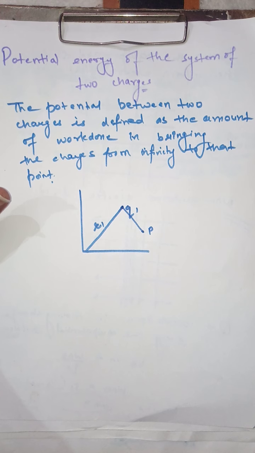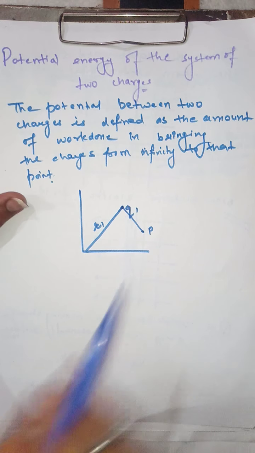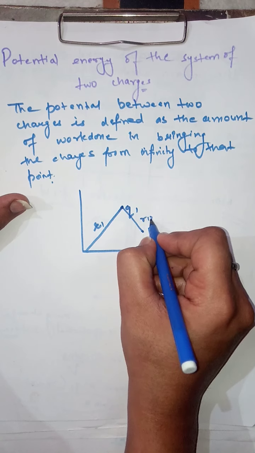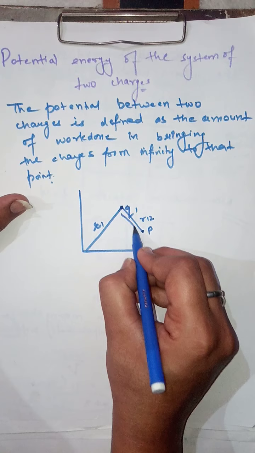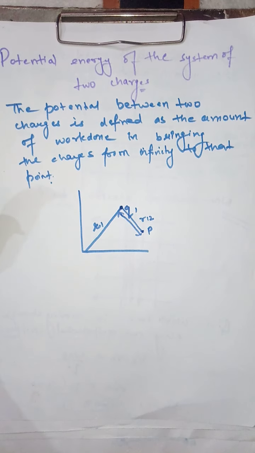We have to calculate the potential of charge q1 at point P. If the distance between this point and this point is r12, what is the value of potential at point P due to charge q1?